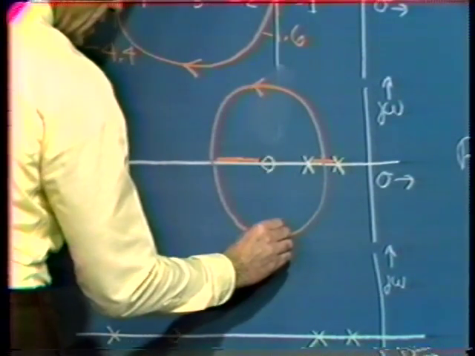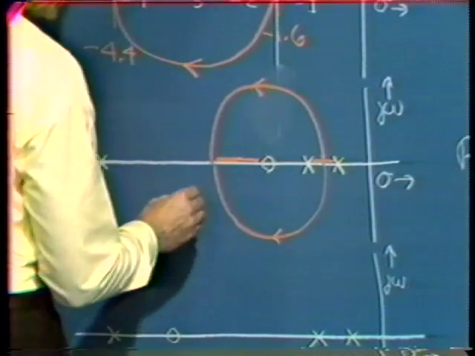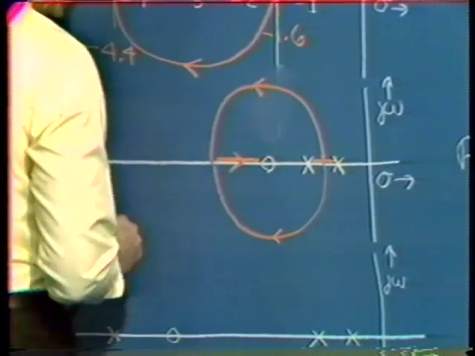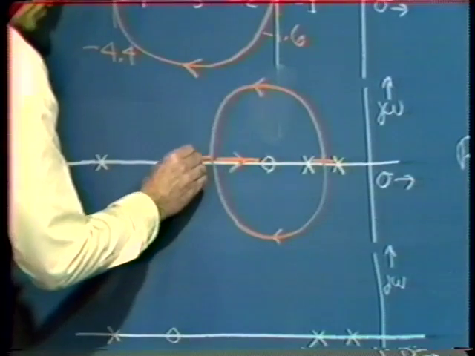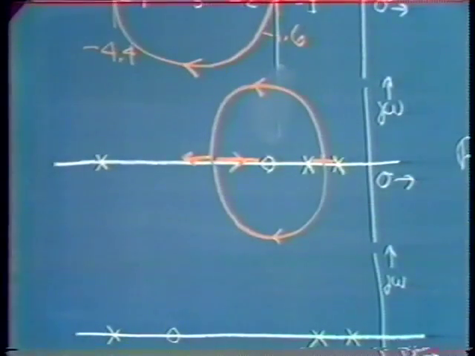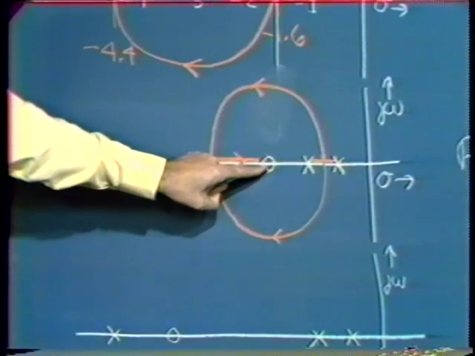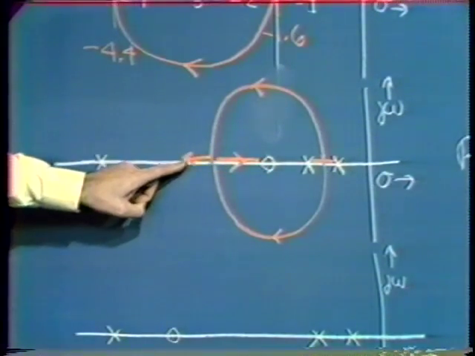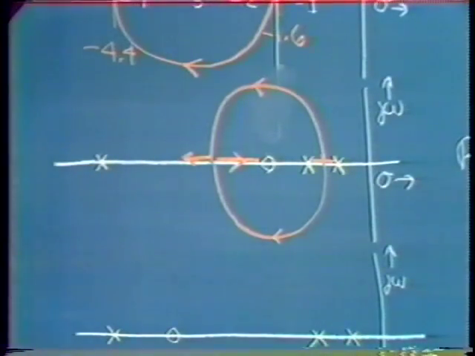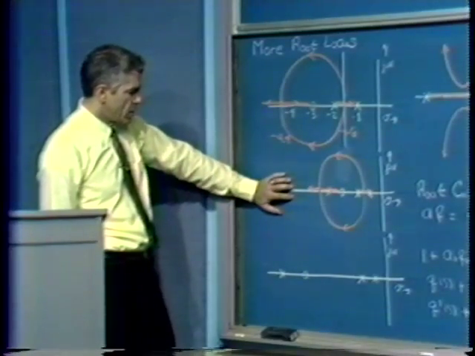With the arrows indicating the direction of increasing A naught, F naught. Simultaneously, there's a branch going out to the left. Here's a point of reentry on the negative real axis. One branch heads toward this 0. A second branch heads out to the left, at least to the extent that we're able to ignore the third pole.